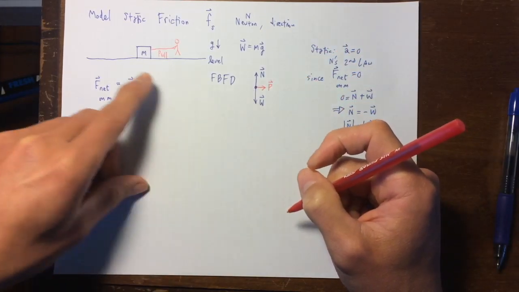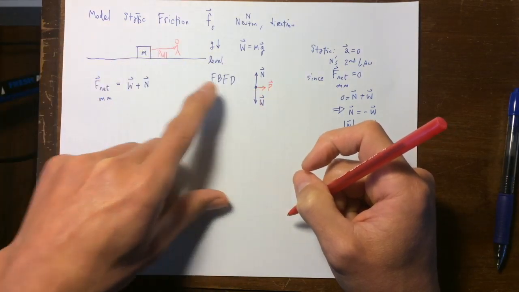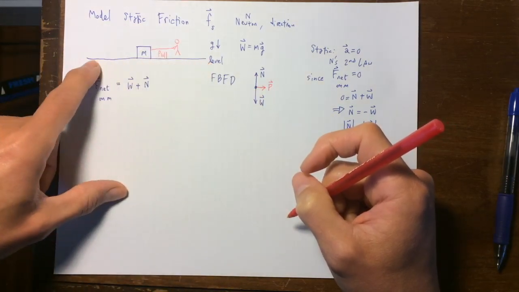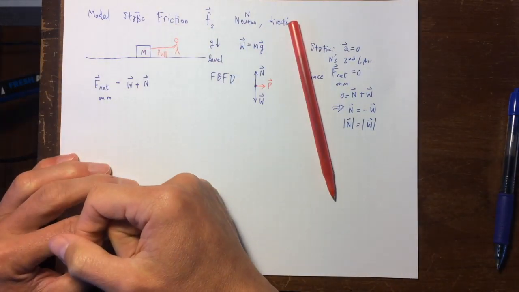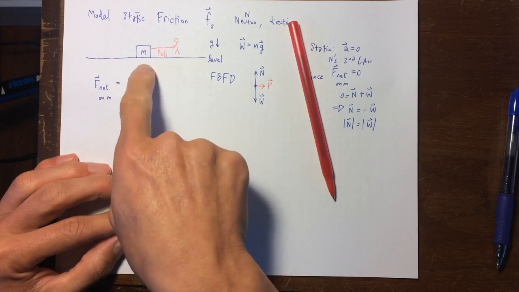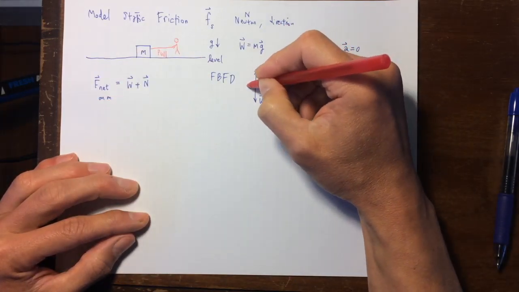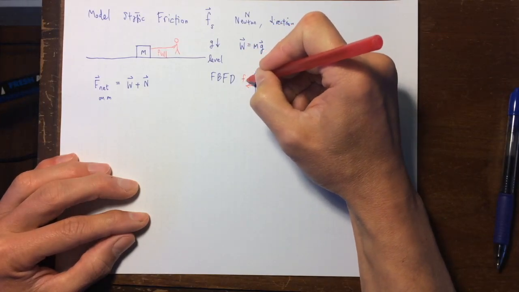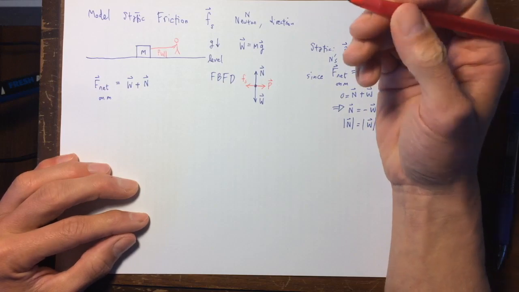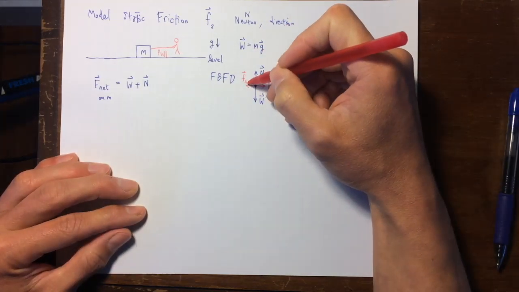When this person turns on a pull force, they pull towards the right, and I'll just call it P. If this object remains static, it must be because the ground can in some way pull back on the mass. So the ground pulls back on the mass with some sort of interesting force that I'm telling you to identify with friction. That is the static friction force that shows up.